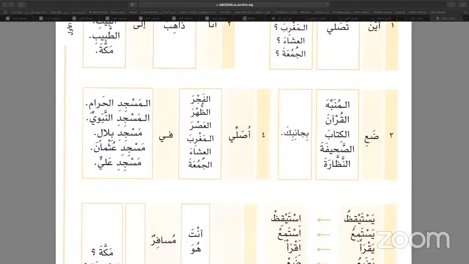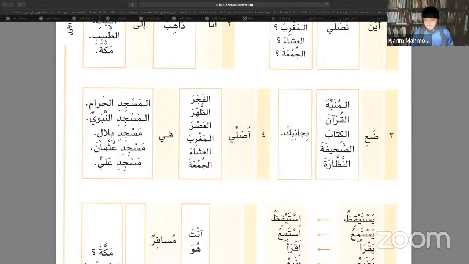Sahifa means newspaper. Put the newspaper next to you.